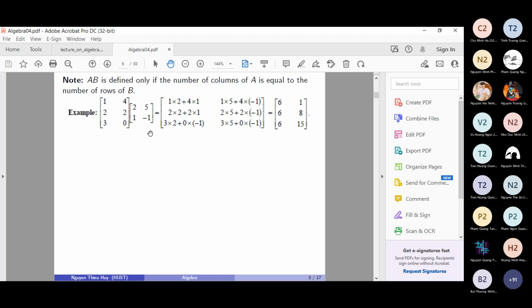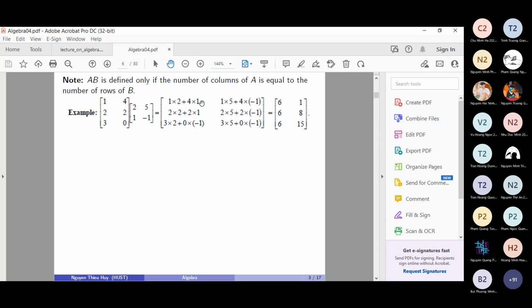And here I give some examples. The first matrix A is 3 by 2, so 3 rows and 2 columns. Therefore, the second matrix should have 2 rows. No matter what the number of columns of the second matrix is, the number of rows must be 2, so that it's the same as the number of columns here.